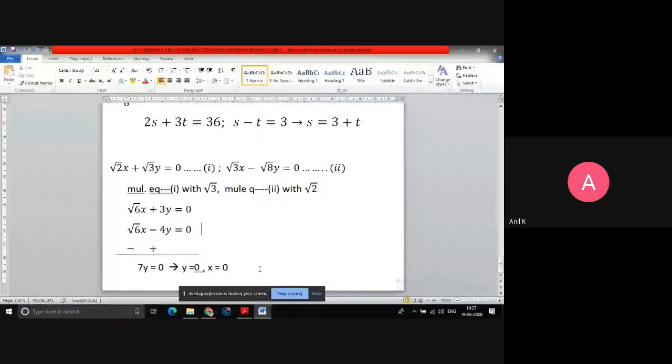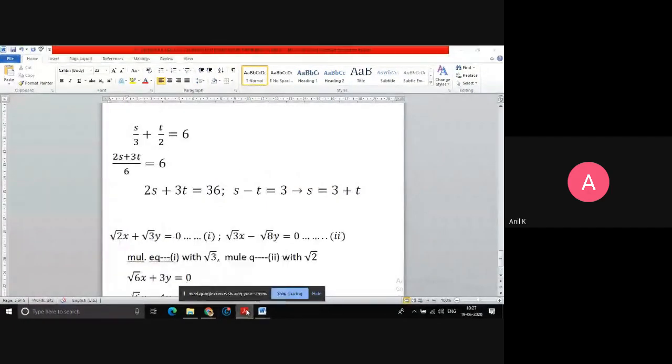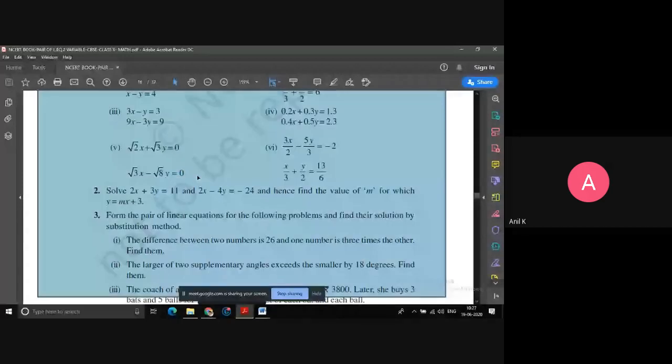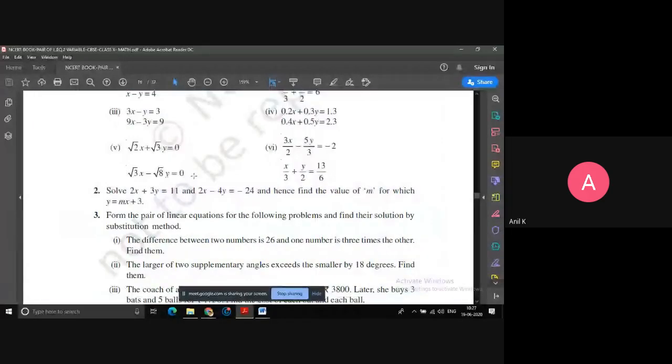Okay. So one more hint let me give you here. Because they ask MCQs, they may ask this same question for 1 mark: what are the x and y values? In any question, if both the equations have equals to 0, it doesn't matter what the x coefficients or y coefficients are, your x value and y value is always going to be 0 only.